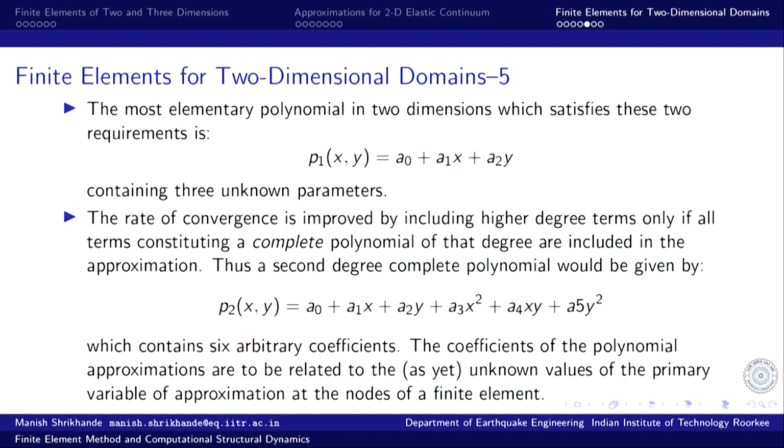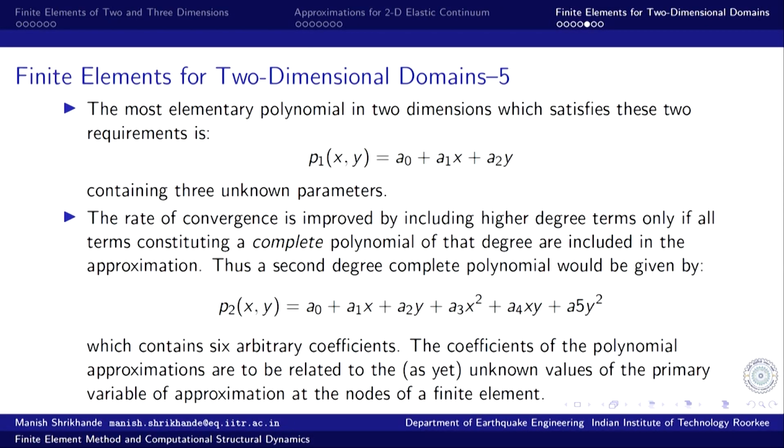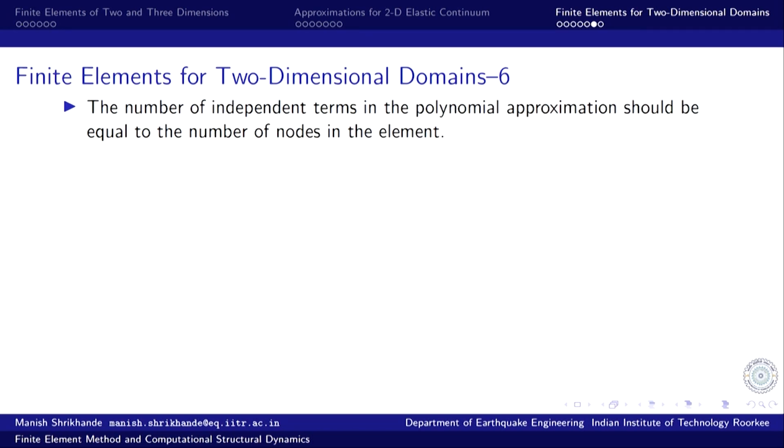In order to evaluate these 6 coefficients, I need to have 6 independent constraints, which will allow me to evaluate these 6 unknown coefficients for the approximation. We can go in a similar fashion and derive it as we did for the 3 node triangular element, but we will see there are more systematic ways of doing that.